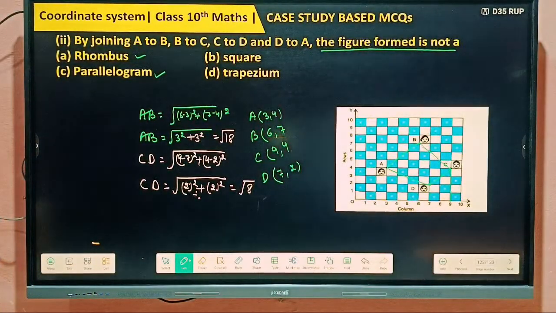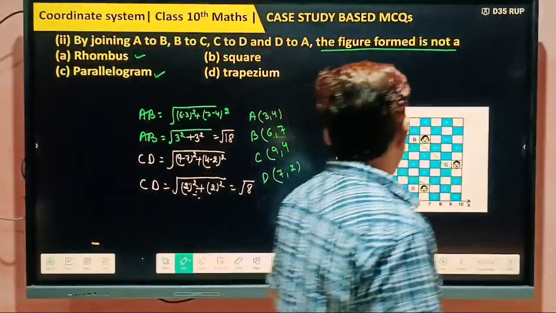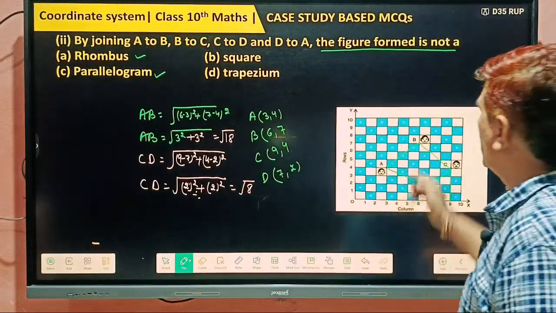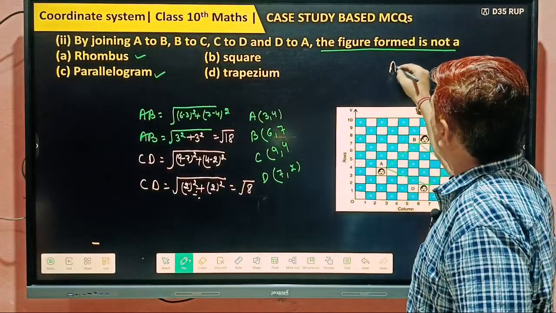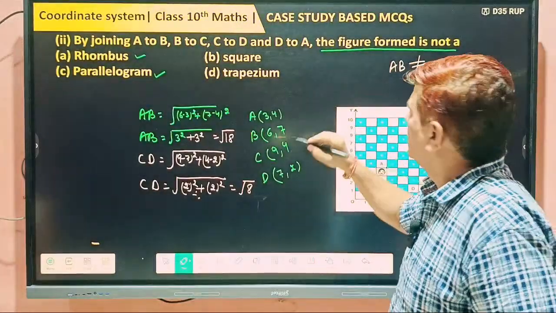So what you can say about this? So this is given. According to me, here AB is not equal to CD.